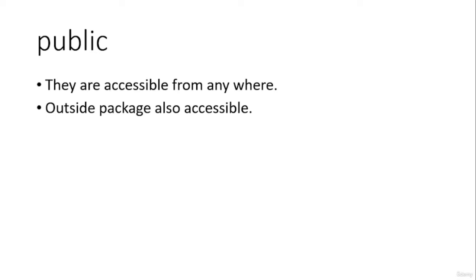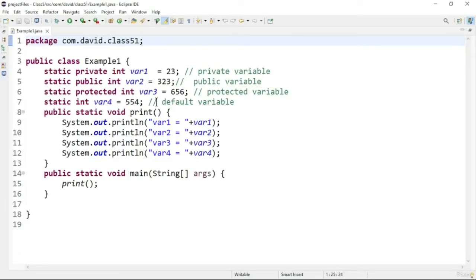Now let us see some programs about these access specifiers. Let us see a program demonstrating the access modifiers or access specifiers. In this program, I have declared fields with different access levels: private, public, protected, and default.